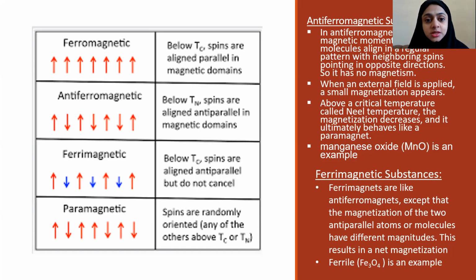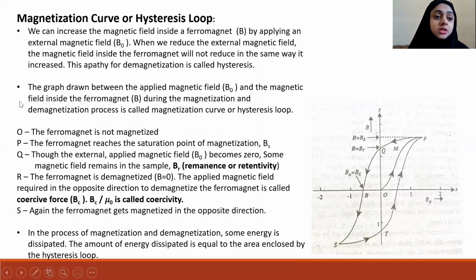So let us again focus our attention on ferromagnetic substances. Hysteresis is a special property exhibited by ferromagnetic substances. We can increase the magnetic field inside a ferromagnet.